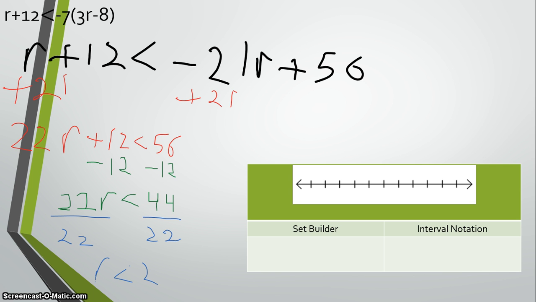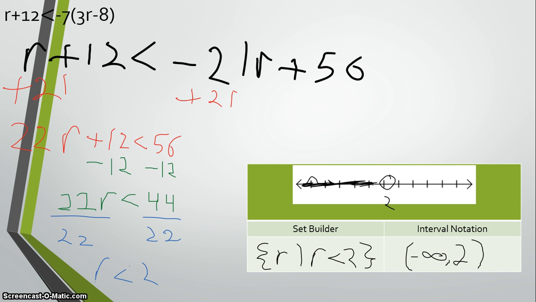But a closed circle would mean it's less than or equal to or greater than or equal to symbols in the equation. So for this one, it's going to be an open circle, and we also need to shade it in. We're going to be shading to the left, and the easy way to find that out is the sign is basically an arrow. It's pointing to which way you want to shade it. So there you go, and you also want to label that too.